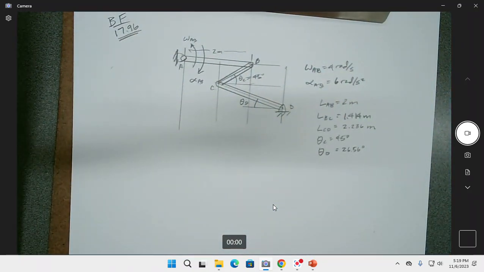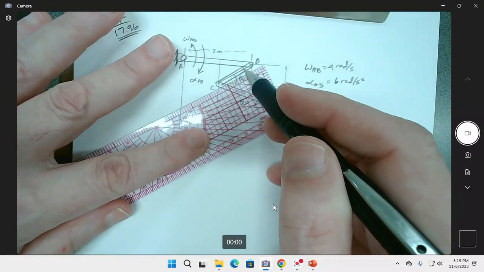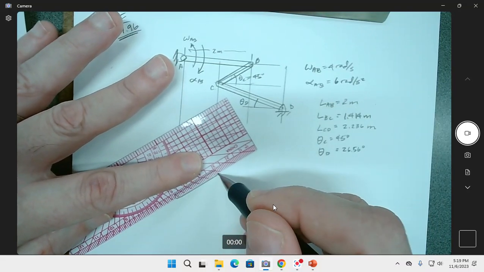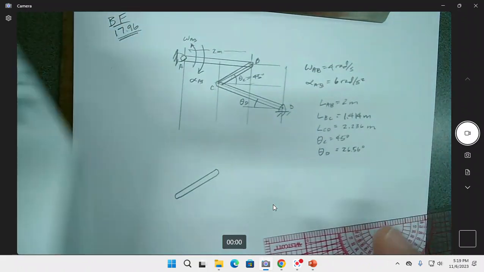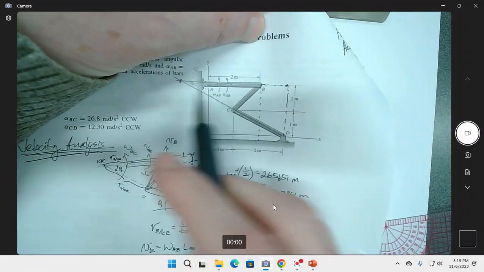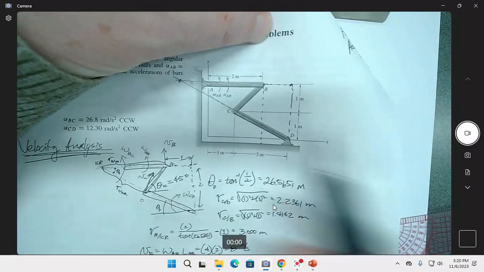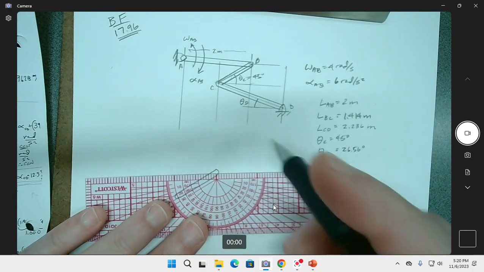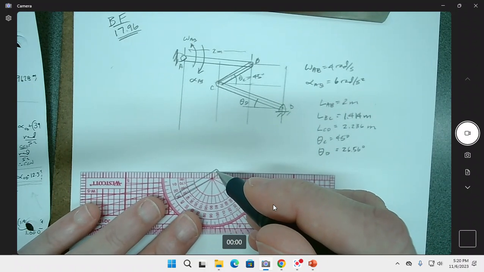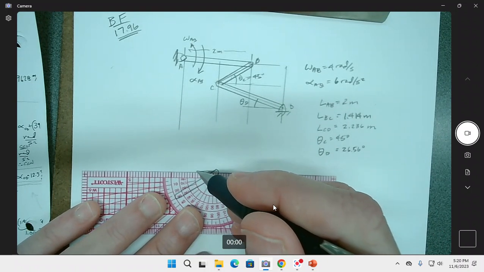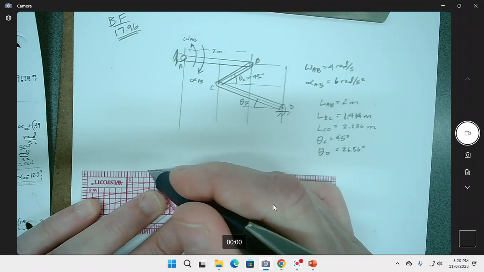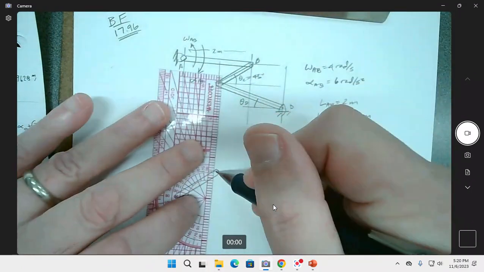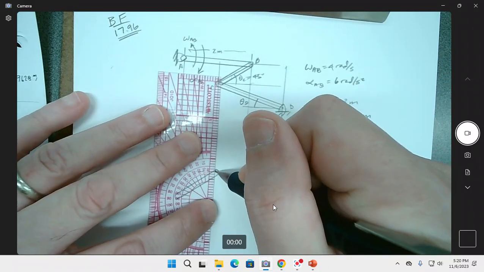So we can redraw that piece right there. And I recommend doing that instead of trying to get all your lengths on top of this diagram, which just clutters everything up. So this is the length for the ICR. And by the way, we know the velocity is coming this way, so we can write that out right away.